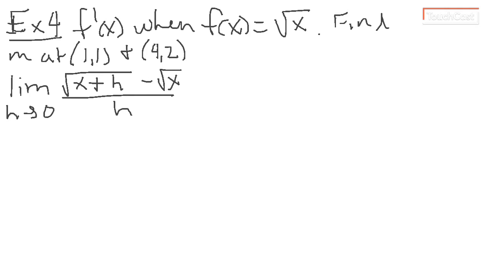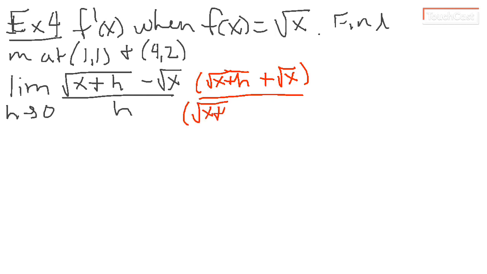So we're going to multiply the numerator and the denominator by the same thing: the square root of x plus h, plus the square root of x, over the square root of x plus h plus the square root of x.